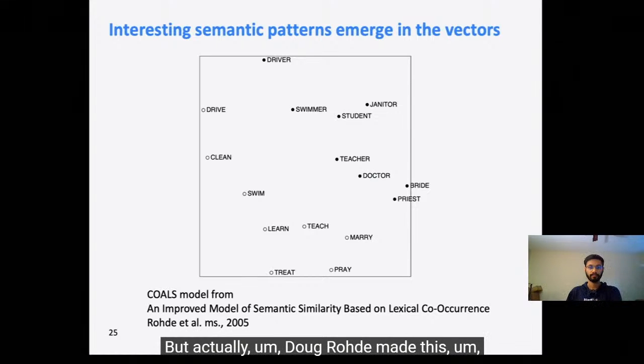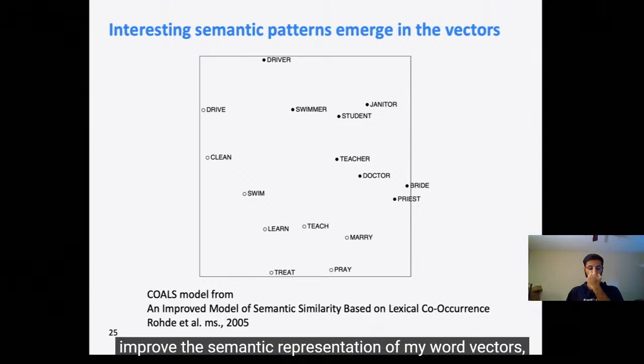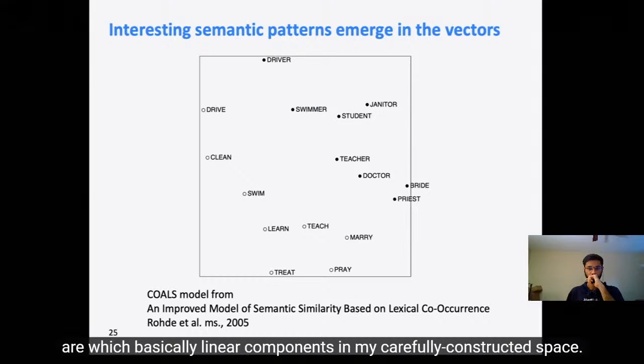But actually, Doug Rohde made this really interesting observation. He said, look, once I do these kinds of transformations to improve the semantic representation of my word vectors, this really interesting property emerges: what you find is that there are semantic vectors which are basically linear components in my carefully constructed space.